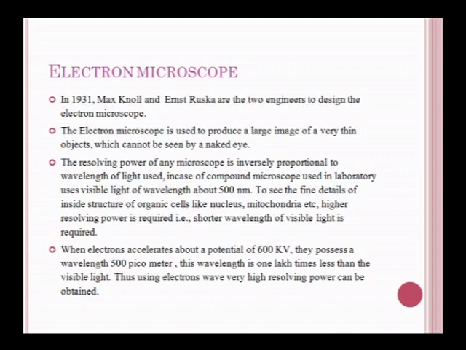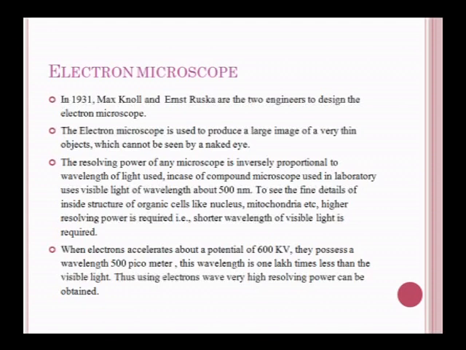According to de Broglie, the electrons behave like a wave in certain conditions, though electrons do not have any rest mass. Based on that idea, when these fast electrons are accelerated at a voltage of nearly 600 kilovolts, the wavelength of that electron comes to about 500 picometers.